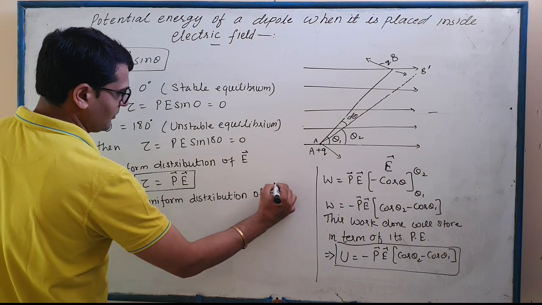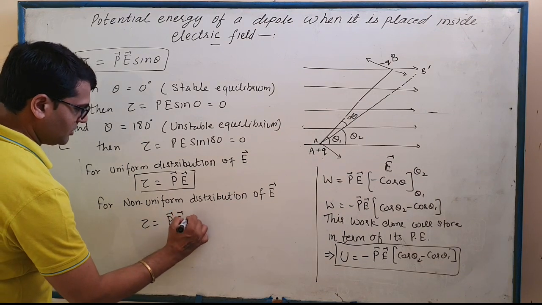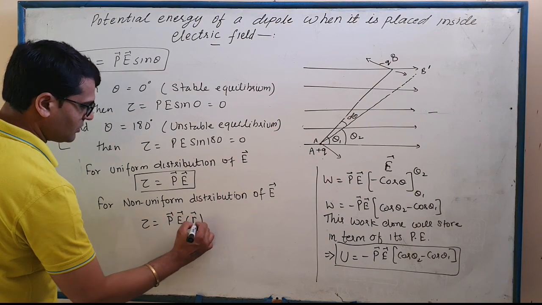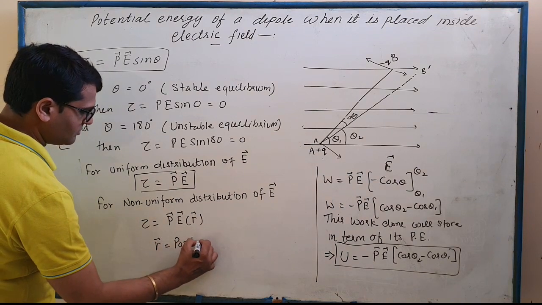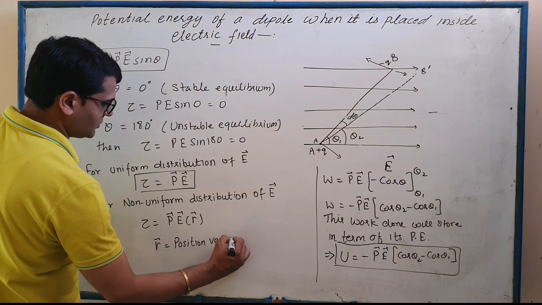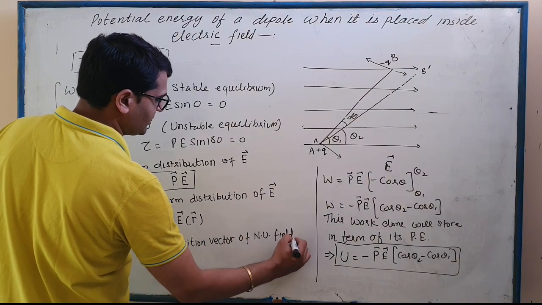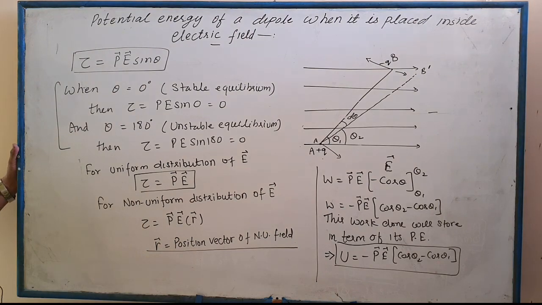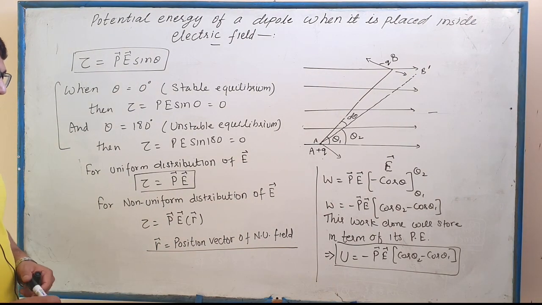Then torque will be P into E into R. What is R? R is the position vector of the non-uniform field, right? This will be the result for the non-uniform distribution of electric field.